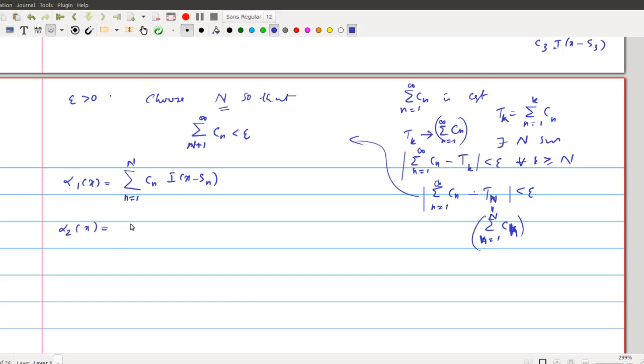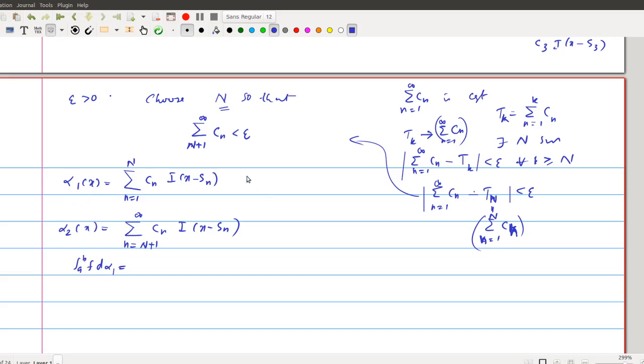What is alpha 2 of x? The remaining part, n equal to N plus 1 to infinity Cn I of x minus Sn. Okay, now if you consider the integral a to b f d alpha 1, the integral of f with respect to this alpha 1.